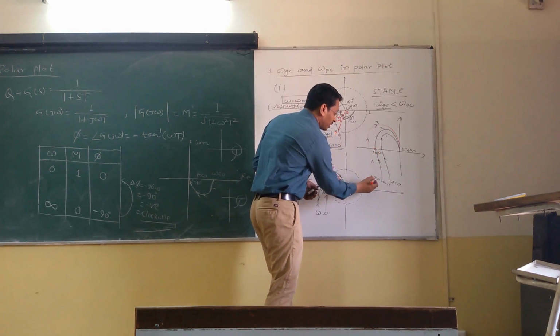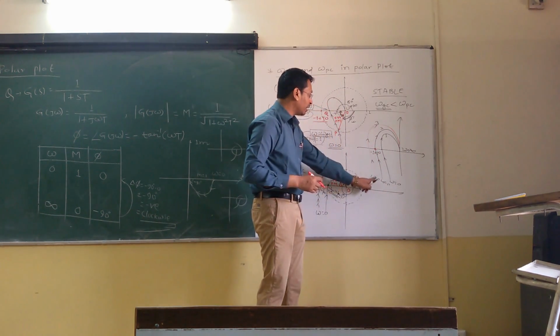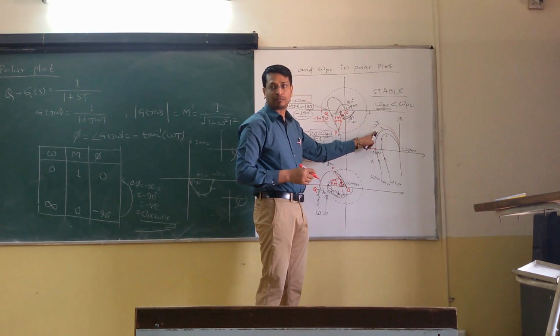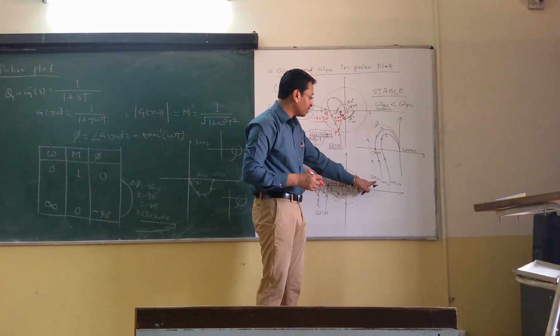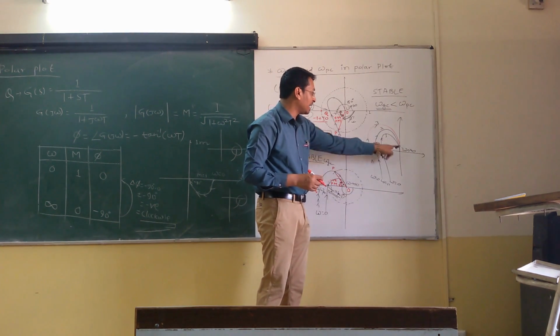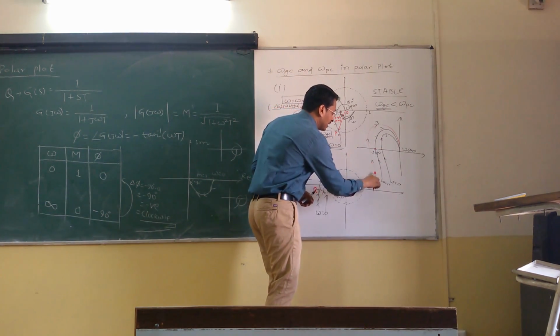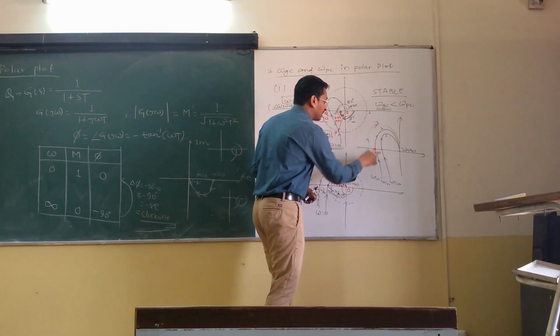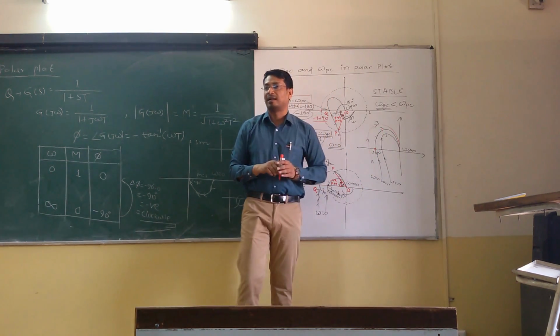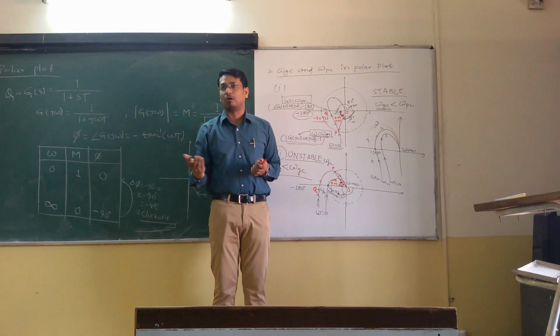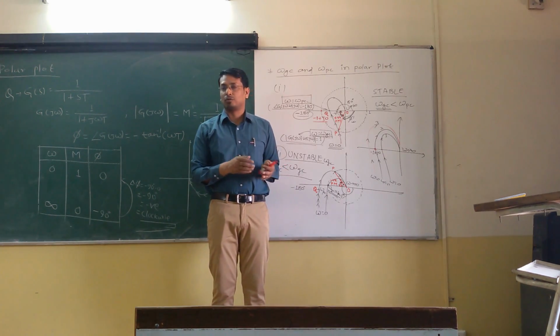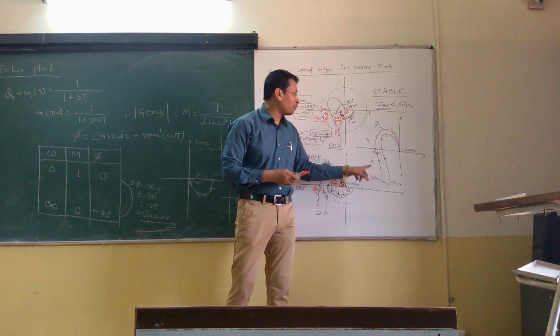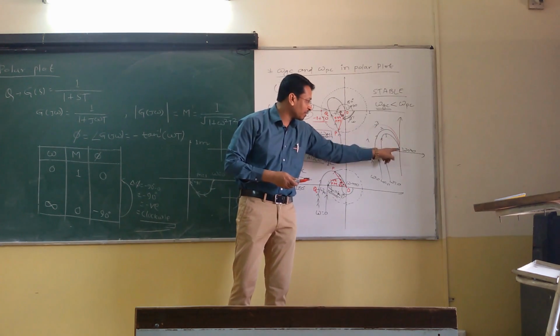So when you start moving along the graph number 3 with the increasing value of omega, means from omega is equal to 0 to omega is equal to infinity, you see that you are moving in this way. You see that your -1 plus j0 point lies to the right side of your path of traverse. So you will say that -1 plus j0 point is enclosed.